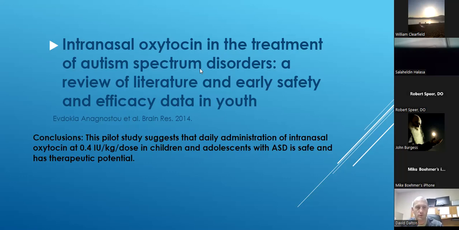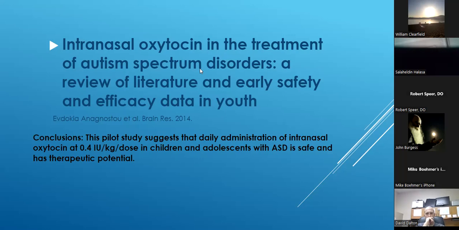So if you have 100 kilograms, it gives you how much? 100 international units. So up to 100 international units per day, and you can split it, but you can start with 25 and then 50, and you can go up to 100, especially for adults.